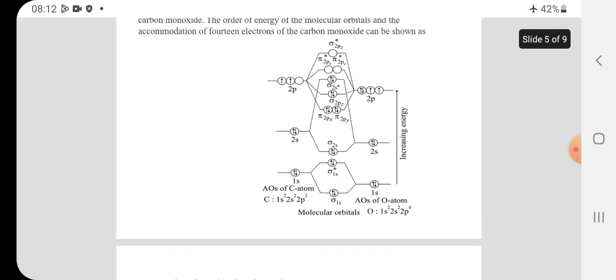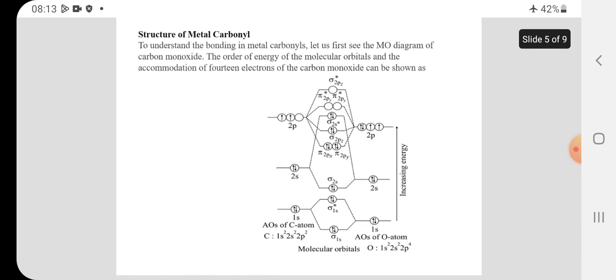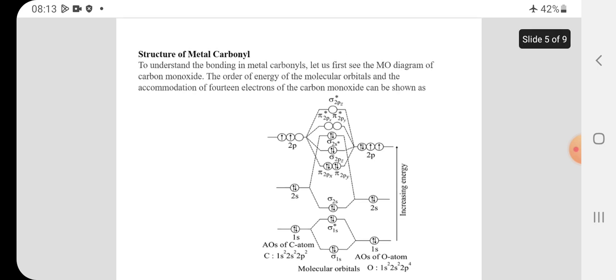The 1s2 electrons fill the sigma orbital and sigma star antibonding orbital, and the 2s sigma bonding orbital and sigma star antibonding orbital are completely filled. Then in the higher energy 2p orbitals, carbon has 2 electrons and oxygen has 4 electrons, so a total of 6 electrons are filled in the 2p orbitals.